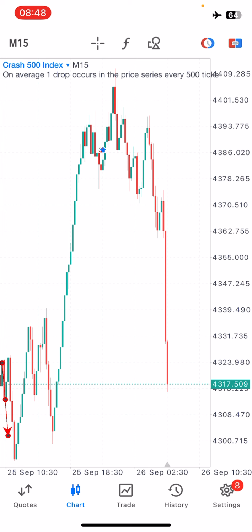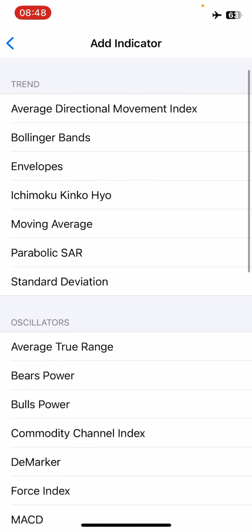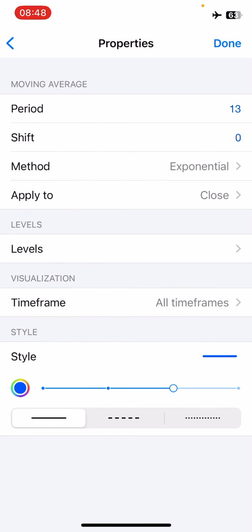The first indicator that I want to install is a moving average, and it's going to go on my main chart. So I'm going to go to my indicators section, click on main window, then choose moving average. This moving average will have the following properties: a period of 13, a shift of 0, the method is exponential, apply to close.